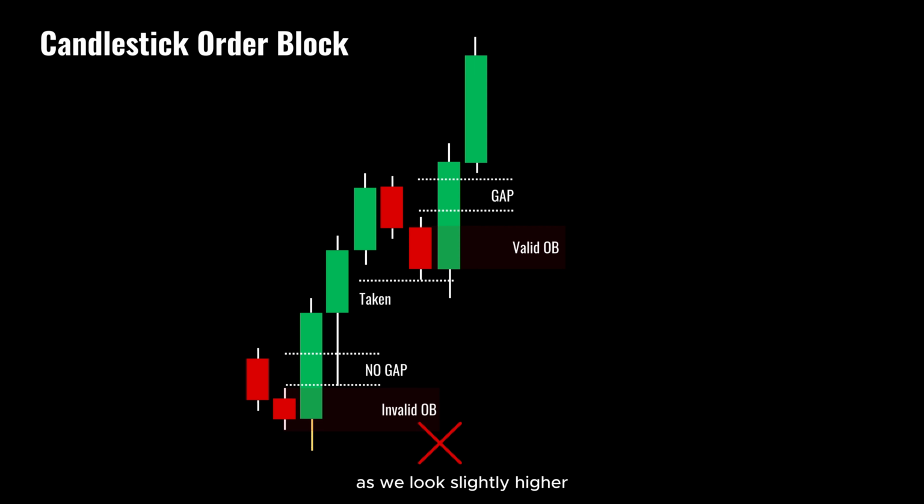As we look slightly higher, we notice the price taking the low of the previous candle effectively, presenting further nuances for our analysis. These detailed examinations of various scenarios help us refine our understanding of order blocks and their nuanced criteria. In the upcoming segments, we will continue applying these principles to real charts, strengthening our ability to identify and strategically use order blocks in Forex trading.